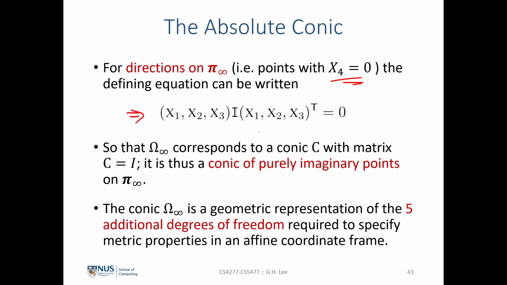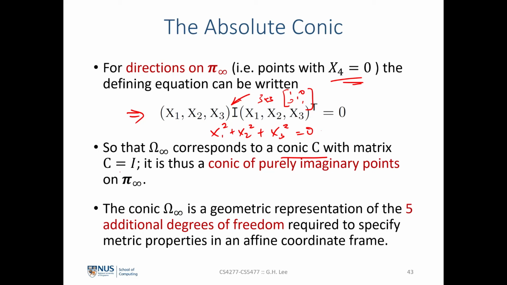So this essentially is the first part of the two equations, x1 squared plus x2 squared plus x3 squared equals 0. Since this here is the 3 by 3 identity, given by 1, 1, 1, and 0 at the off-diagonal, the absolute conic omega infinity corresponds to the conic with matrix C equal to I.